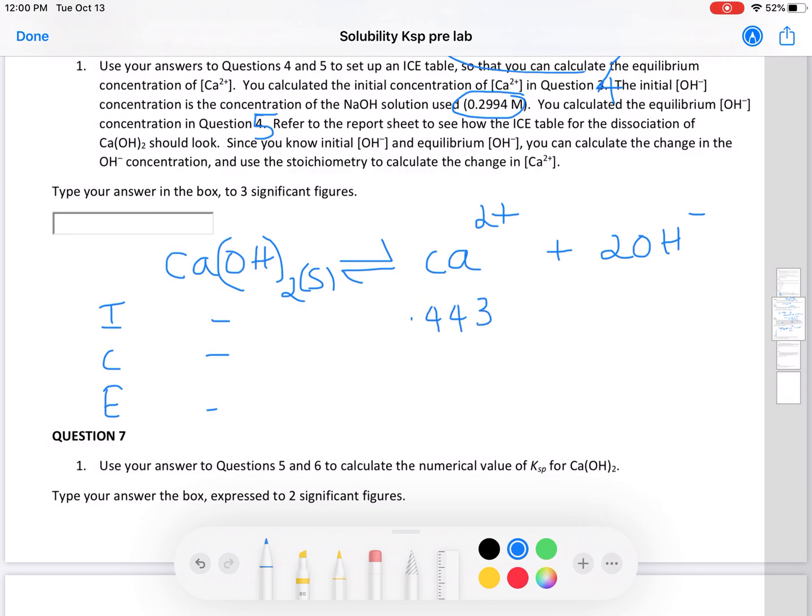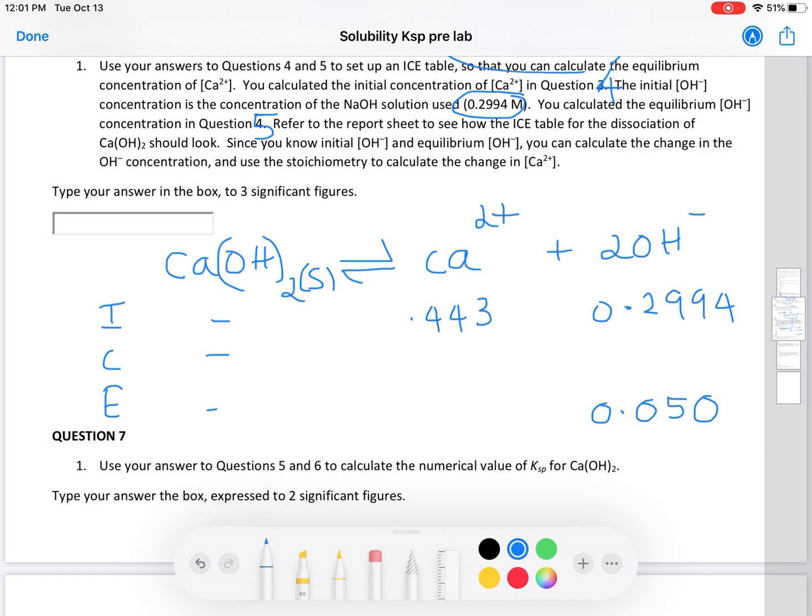And the initial concentration of hydroxide ions was given to us, which is 0.2994. Okay, and then we also know the equilibrium concentration of hydroxide ions in question 5, which is 0.0050.